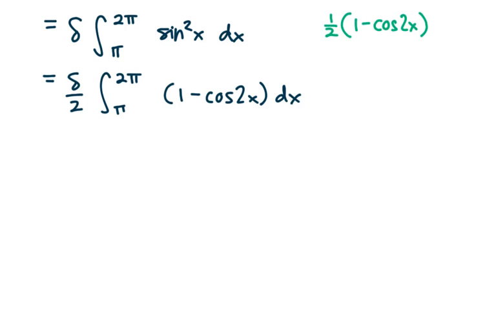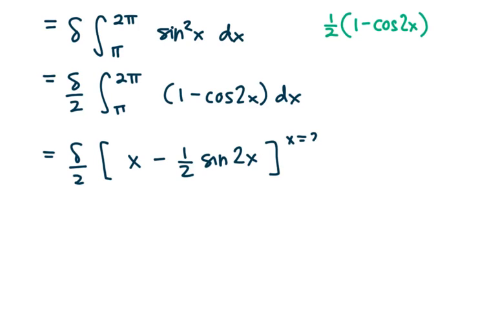Each of these terms is easy to integrate: x minus 1/2 sine of 2x. And of course, we plug in x is 2 pi and x is pi.